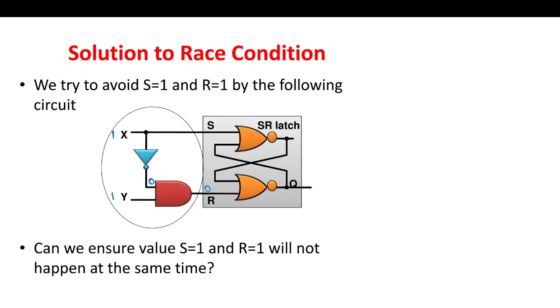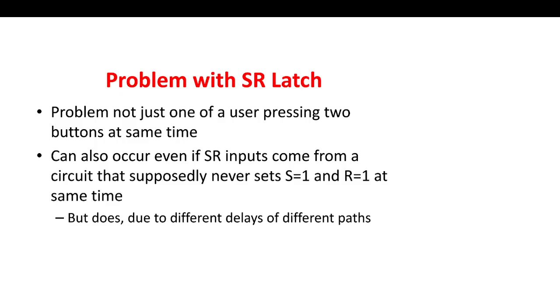We want to ensure that S and R both do not get 1 at a time. But the problem with this is that this path has more delay. The problem is not just the user pressing two buttons at a time. It can also occur even if S and R inputs come from a circuit that supposedly never sets both to 1, but does so due to different delays of different paths.